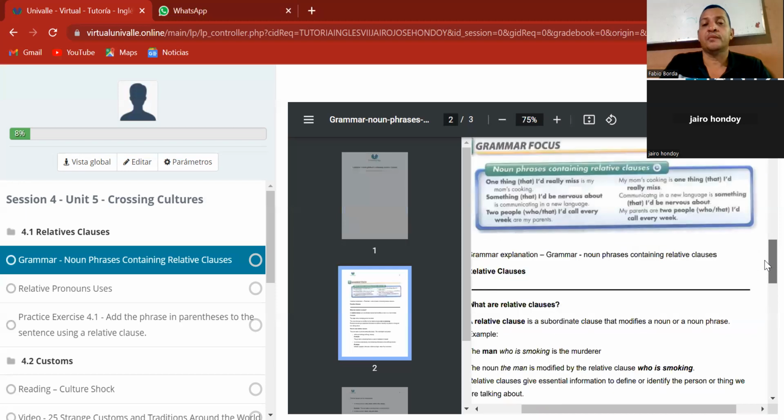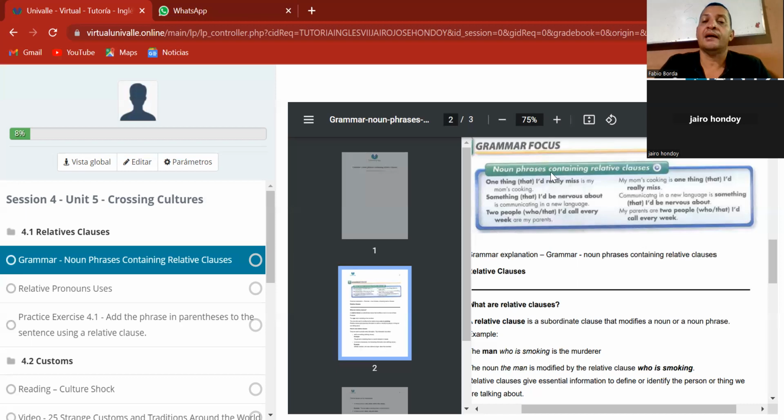Here is a rule. One thing that I really miss is my mom's cooking. My mom's cooking is one thing that I really miss. As you can observe, in the first sentence, the expression "one thing that I really miss" is at the beginning of the grammar structure, and in the next one, on the right, it is at the end.